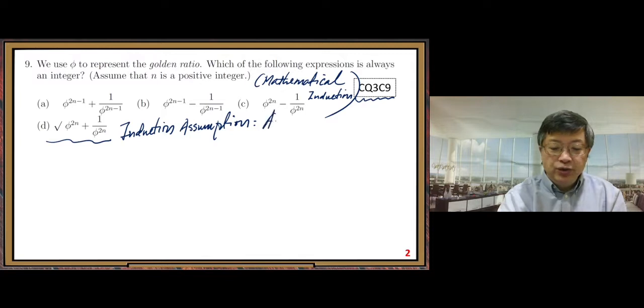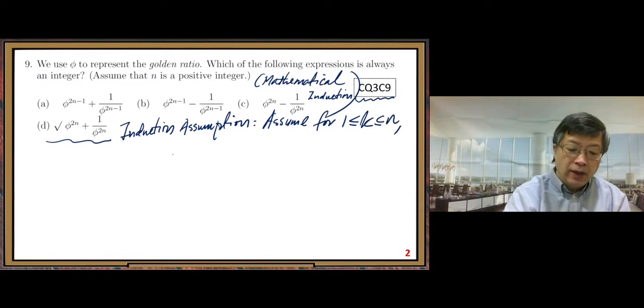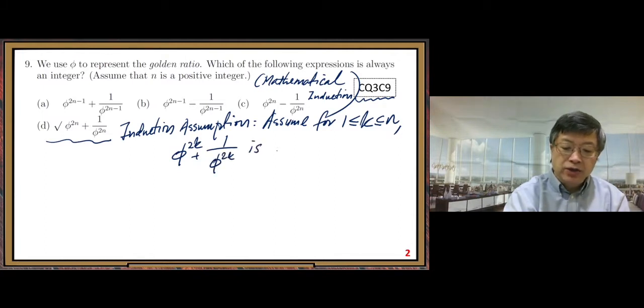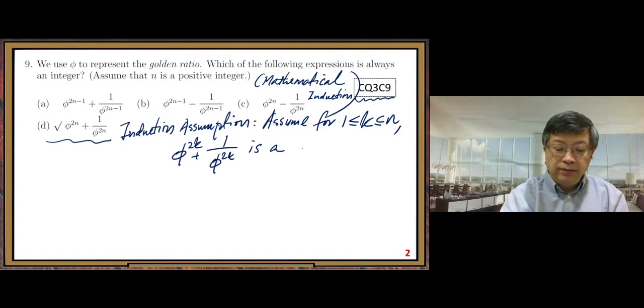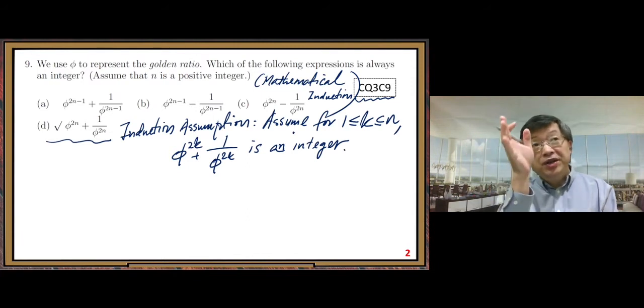We assume for 1 less than or equal to k less than or equal to n, this expression phi to the 2k plus 1 over phi to the 2k is an integer. How about that? Induction assumption, we assume it is true.